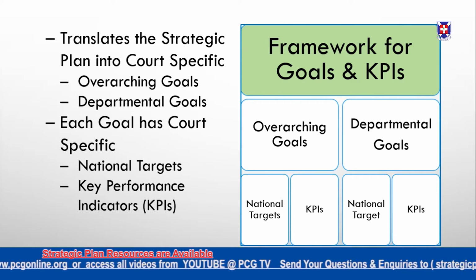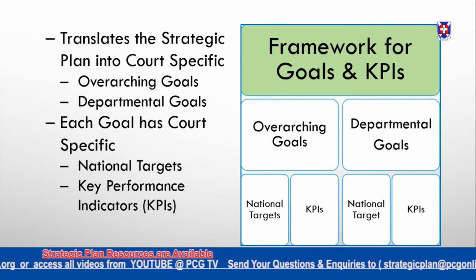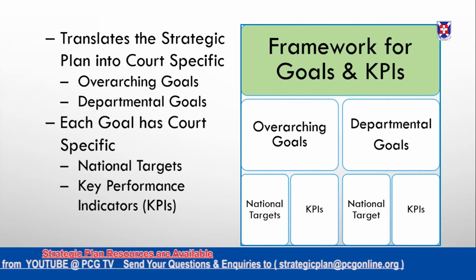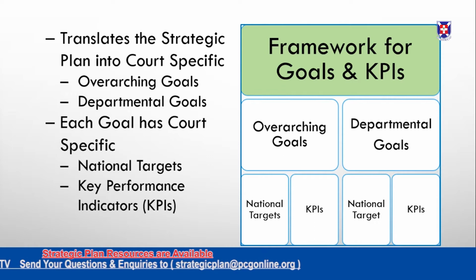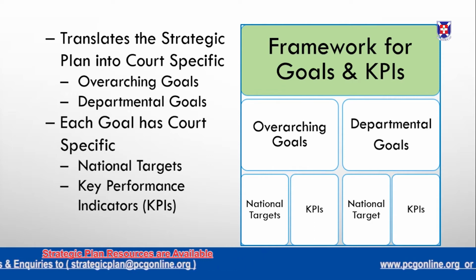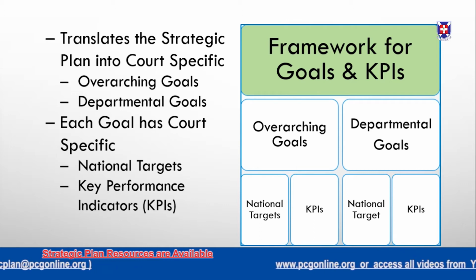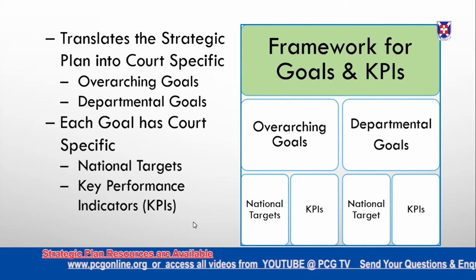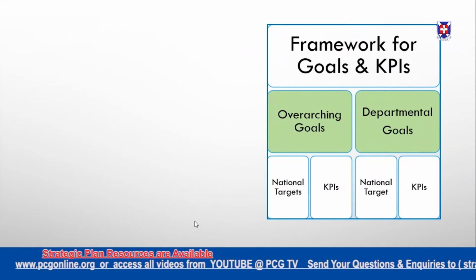As we go on, we'll look at what the overarching goals are and what the departmental goals are. But they all have the same character. Each of them has national targets, and each of them has a key performance indicator or key performance indicators, KPIs. So this is a general frame that you get, and when you get the Excel sheet, you see that all these elements are evident in the Excel sheet that describes the framework.